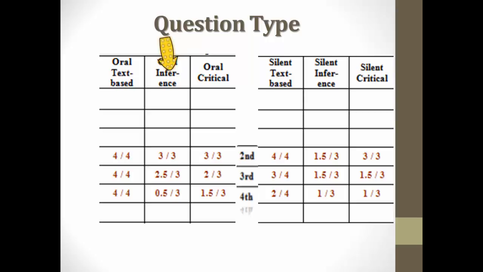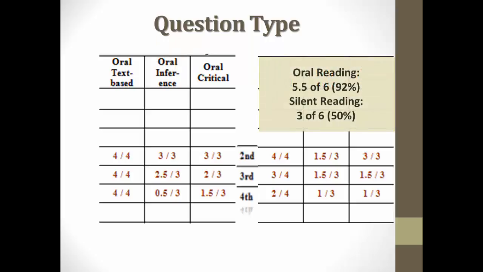So we move to inference. Following oral, look at this. At the 2 levels, because we're going to stick with just the second and third, we're not going to fourth here, there were 5.5 of 6, or 92% success with inference. When we get to silent, though, we just had 3 of 6, which is 50%.